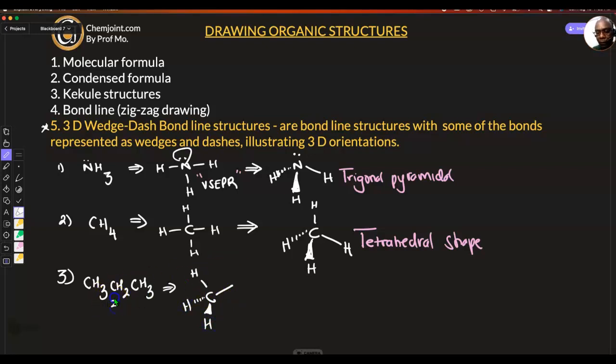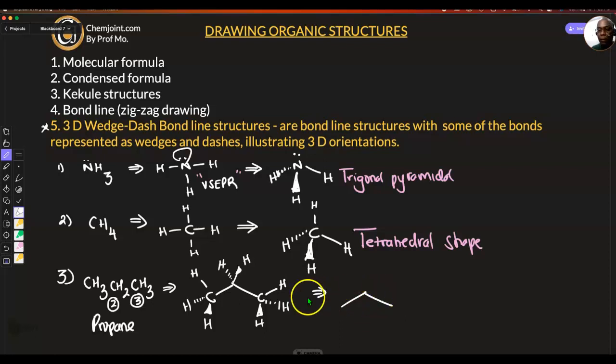For carbon number 2, 1 will be towards us, 1 will be away, another one towards us. Then we go down on carbon number 3, 1 on the plane, 1 is away, and 1 is towards us. That's the 3D geometry of propane. But like I say, we usually imply those hydrogens. I would just draw it like that.